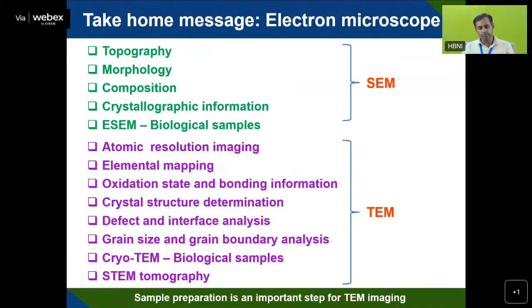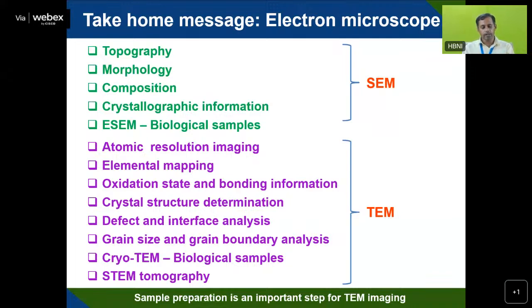So in today's class, the take home message: we mainly discussed SEM and TEM techniques broadly. In the case of SEM, we use the backscattered electrons as well as the secondary electrons to get information about topography, morphology, composition, and crystal structure, and environmental SEM can be used for biological samples.